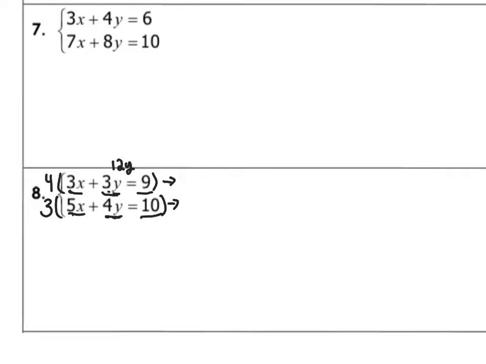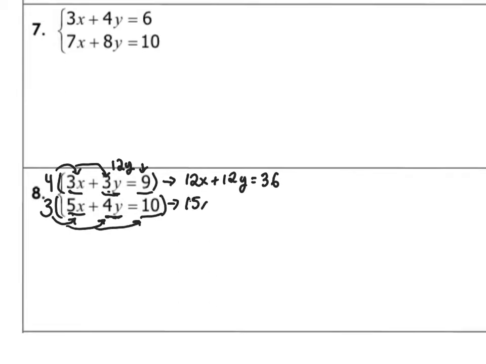4 times 3x gives us 12x. That's distributing here, here, and also to this one. 4 times 3y gives us 12y, and 4 times 9 gives us 36. Next, we distribute the 3 to all these terms.